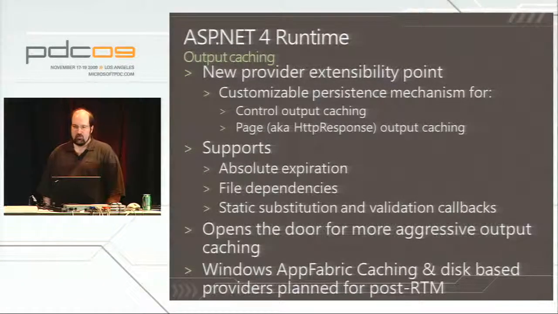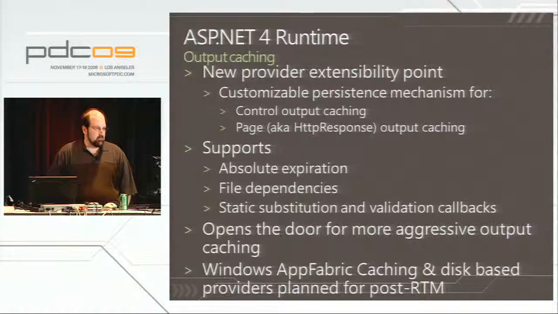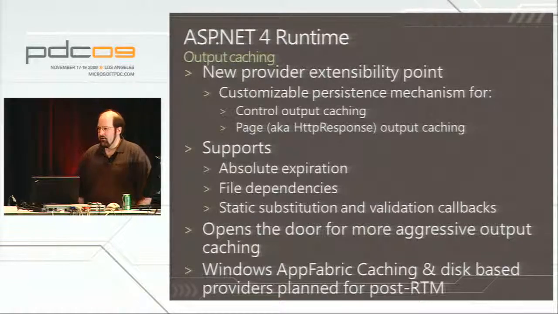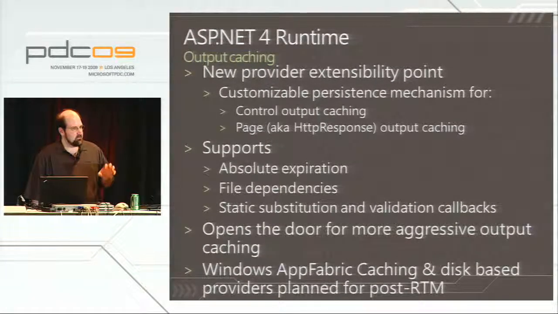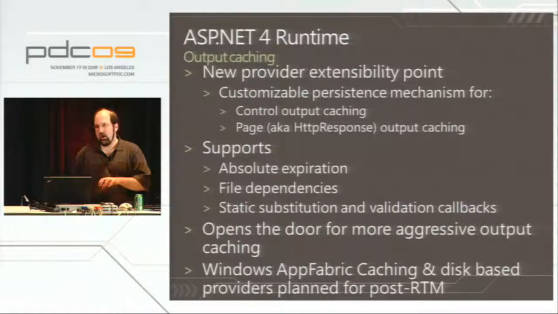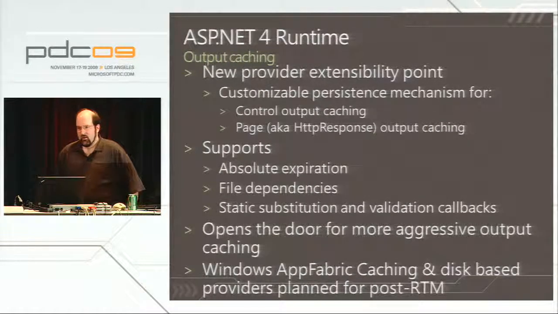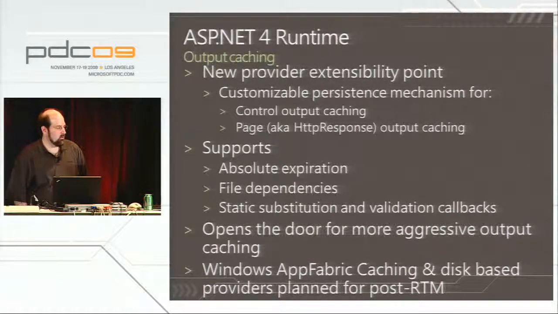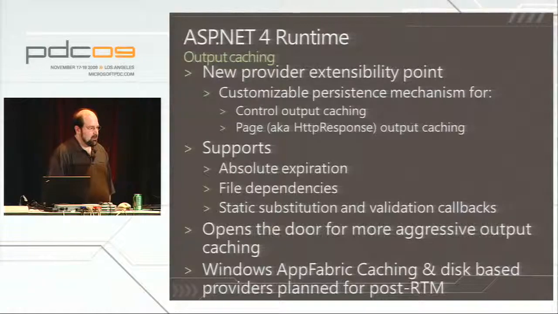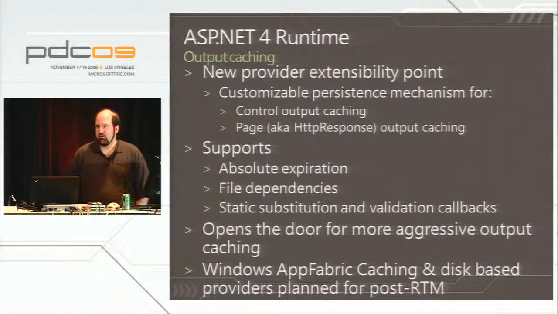Now there are a few constraints when you start using an output cache provider. The reason these constraints exist is that fundamentally the idea behind the output cache provider extensibility point is that we wanted a way to ship the output cache data outside of the process space. The reason for that is, again, probably the single worst offender of out-of-memory errors in ASP.NET apps is either object caching or output caching.